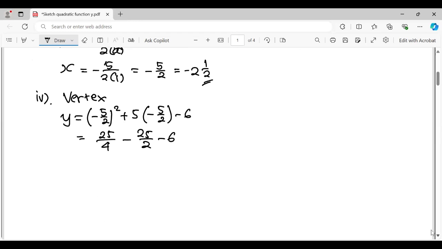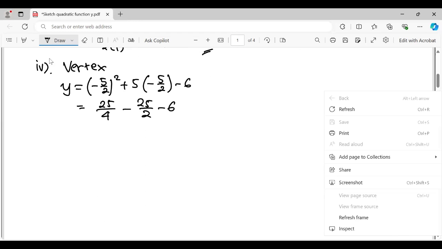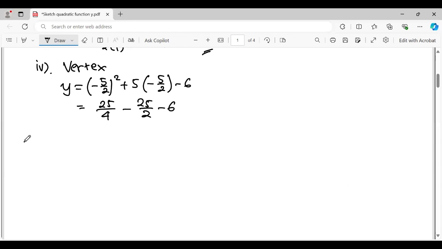I need more space. Wait. 25 over 4 minus 50 over 4 minus 6.